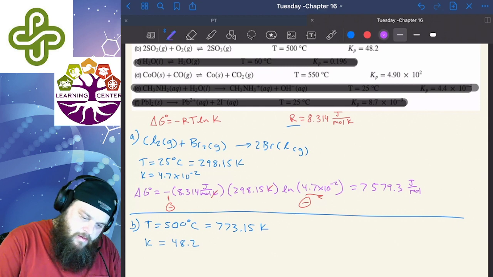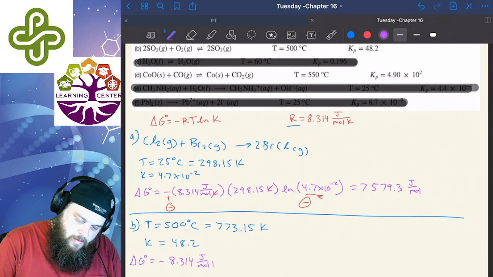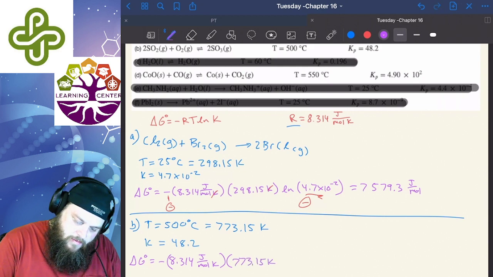So delta G is equal to negative 8.314 joules per mole Kelvin times, in this case it's 773.15 Kelvin times the natural log of 48.2.